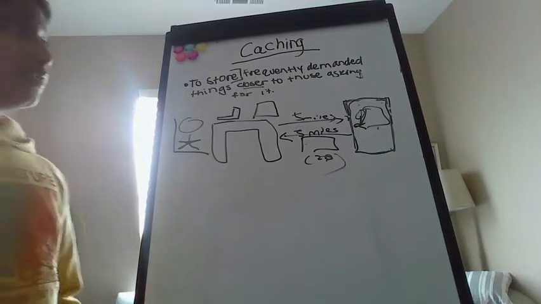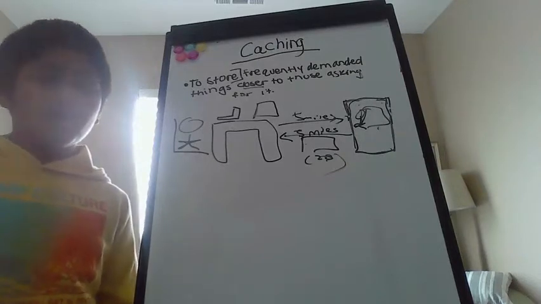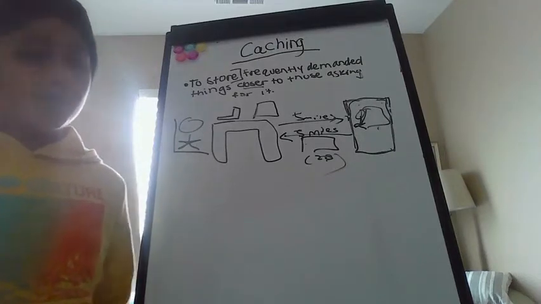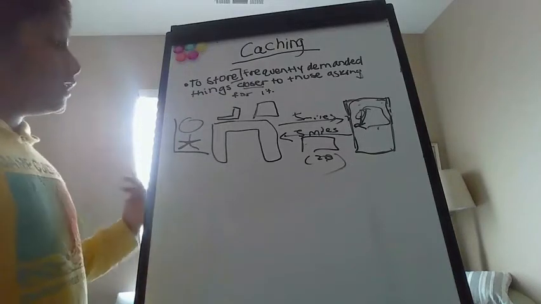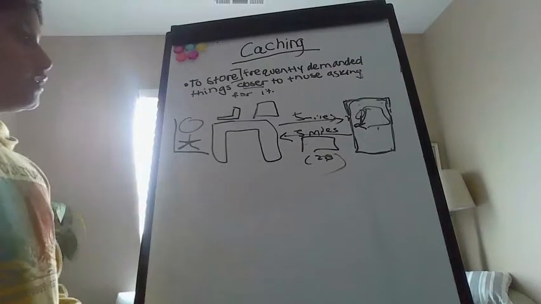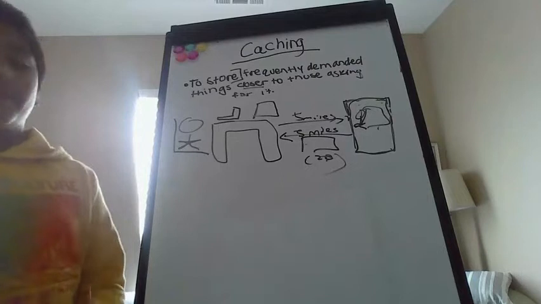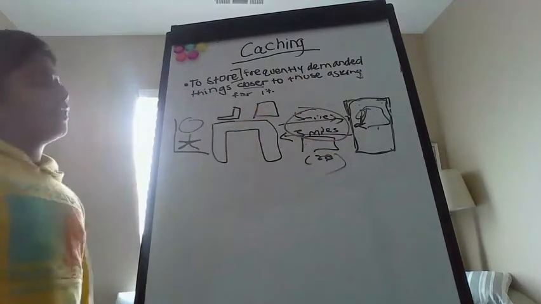And they're demanded because we need them, right? We can't really write a series report on Harry Potter if we haven't read the books. So that's why they are demanded, and we need them frequently. And all we're doing is taking what we need frequently and putting it closer to us so we can save this time.